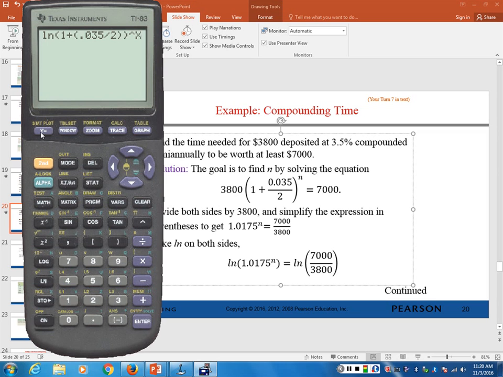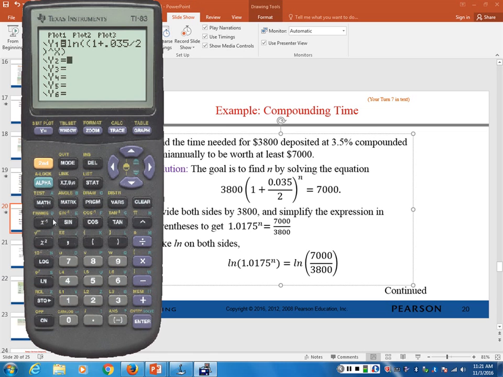And I should have put that at y equals, sorry. And then this actually is just a single number, it's a constant.